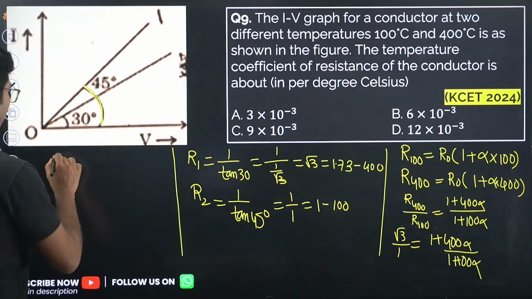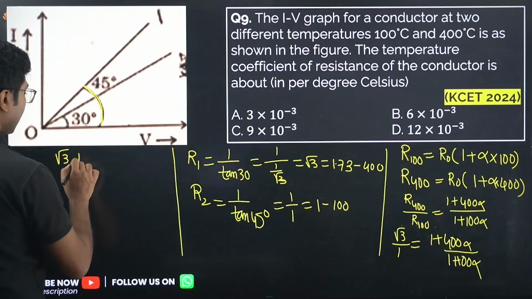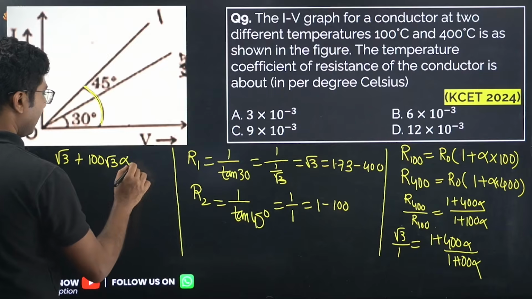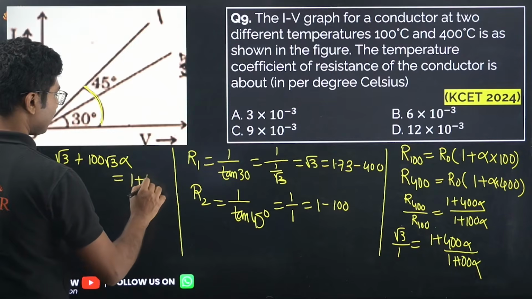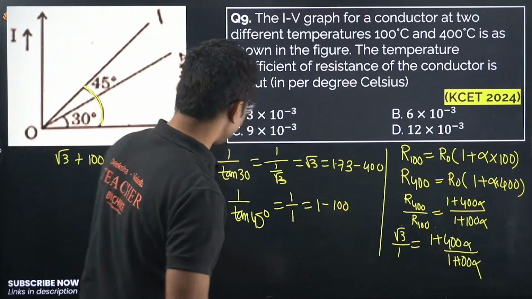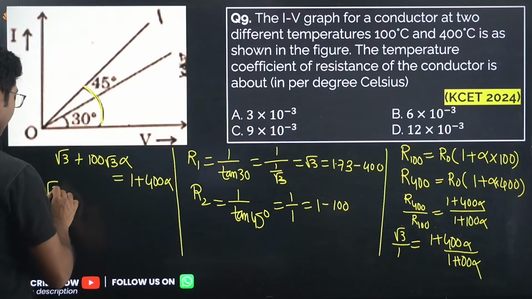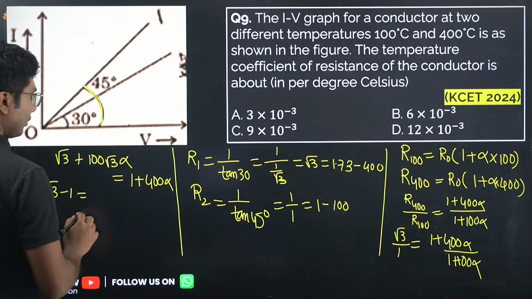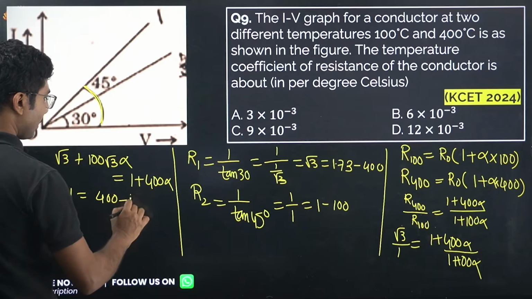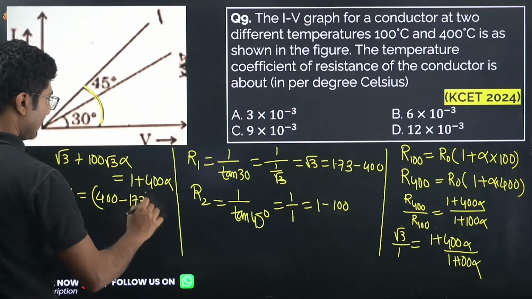Root 3 into 1 plus 100 alpha equals 1 plus 400 alpha, so root 3 plus 100 root 3 alpha equals 1 plus 400 alpha. So root 3 minus 1 equals 400 minus 173 alpha.